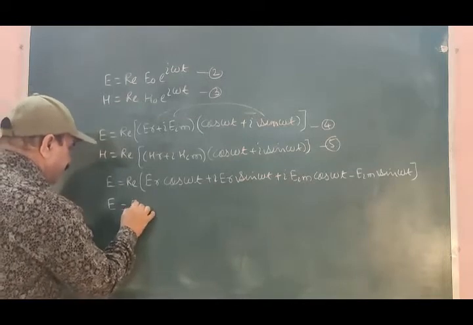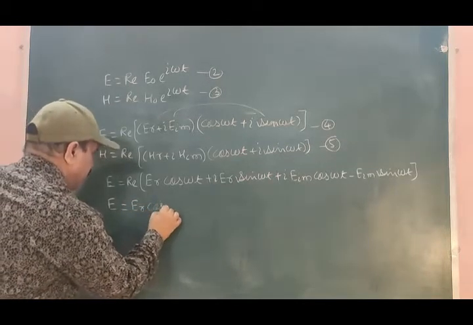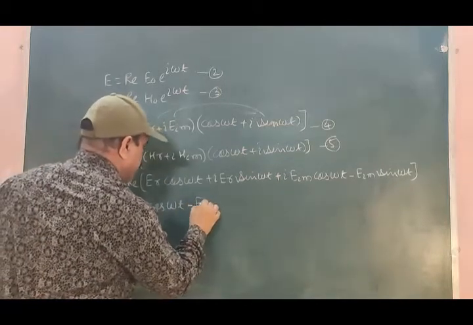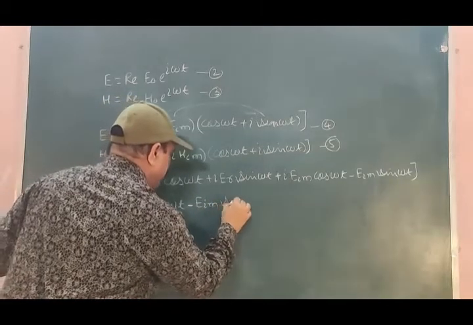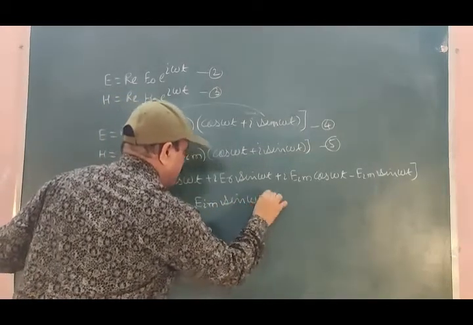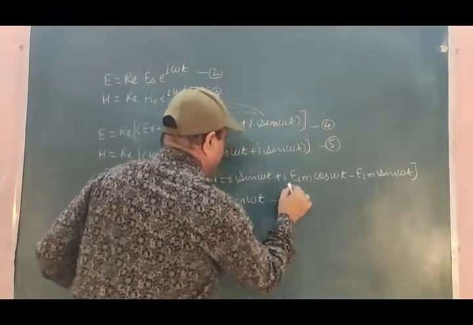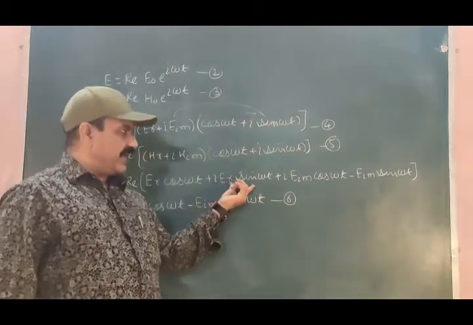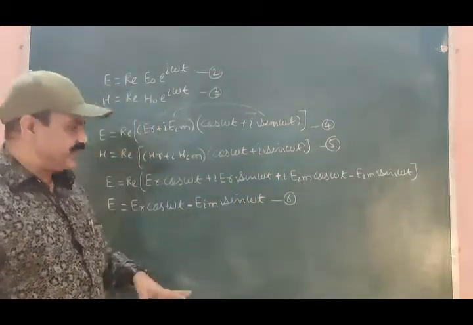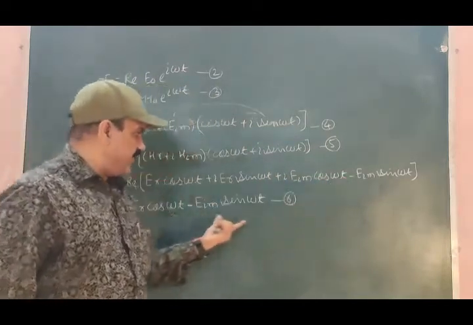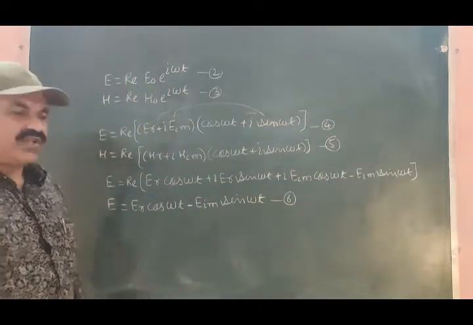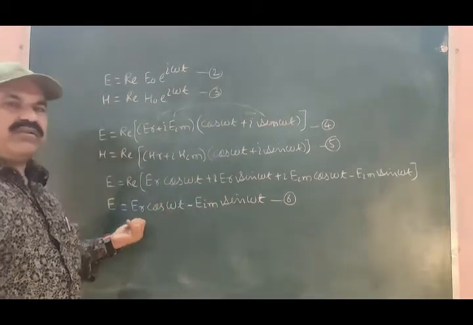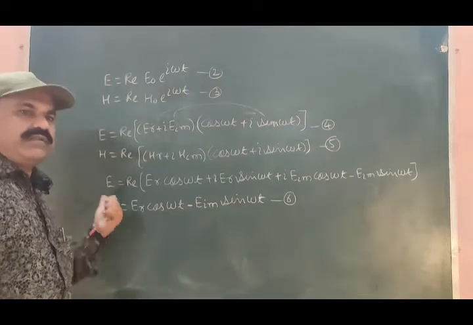This one: ER cos omega t minus EIM sin omega t, equation number 6. The imaginary part is dropped, only the real part is taken, and so we got E equal to ER cos omega t minus EIM sin omega t, which is the real component of E.